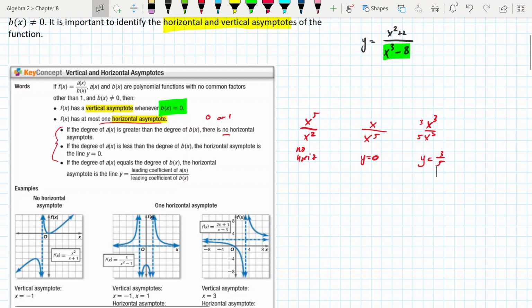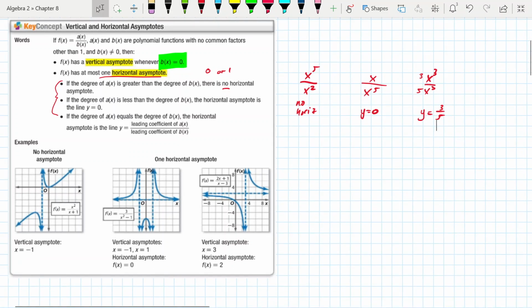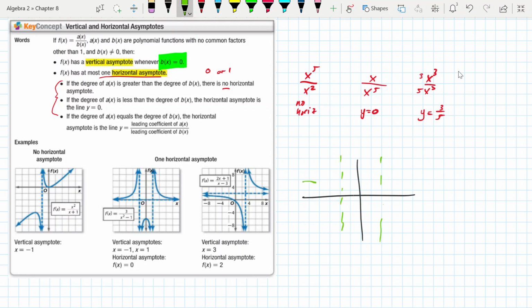And let's say you had something with a horizontal asymptote and 2 vertical ones. You're basically setting up the coordinate plane into 6 regions, right?